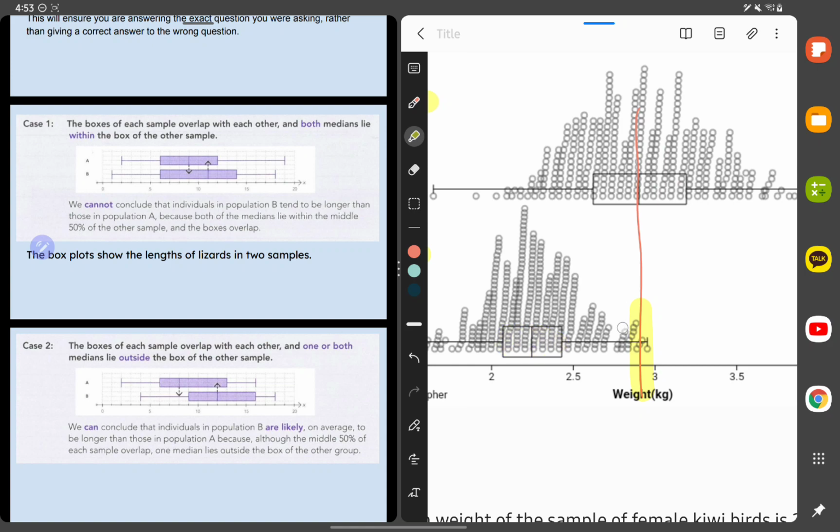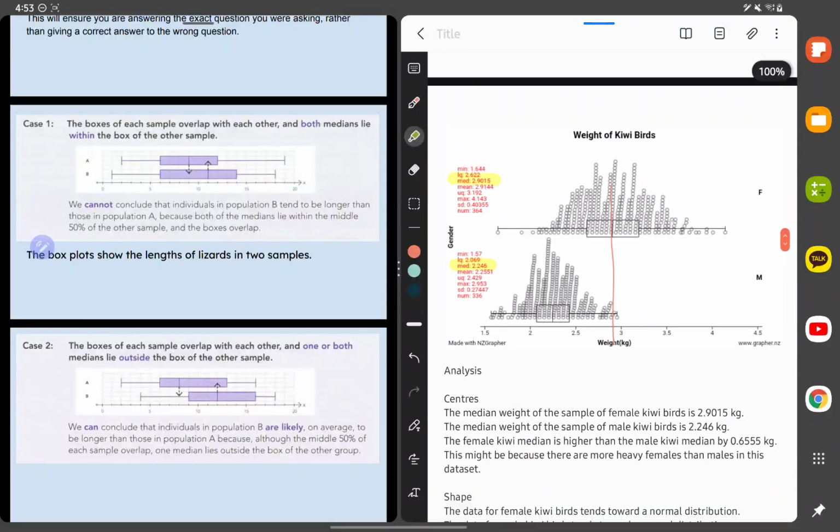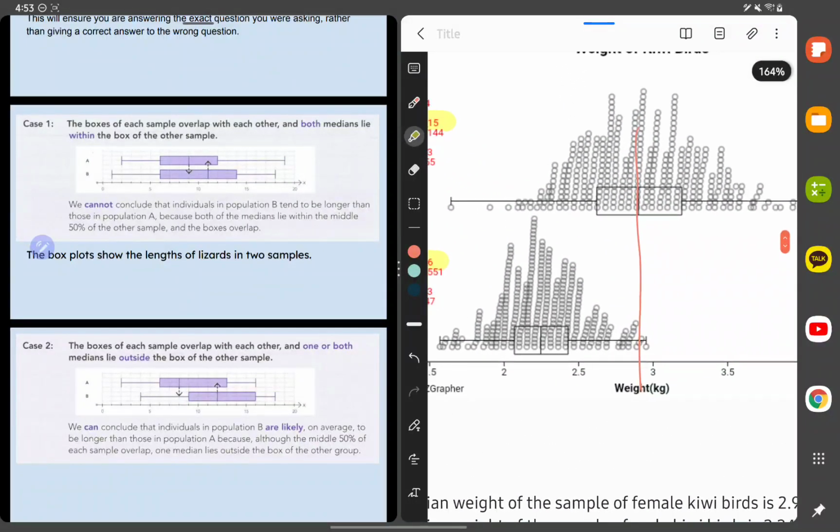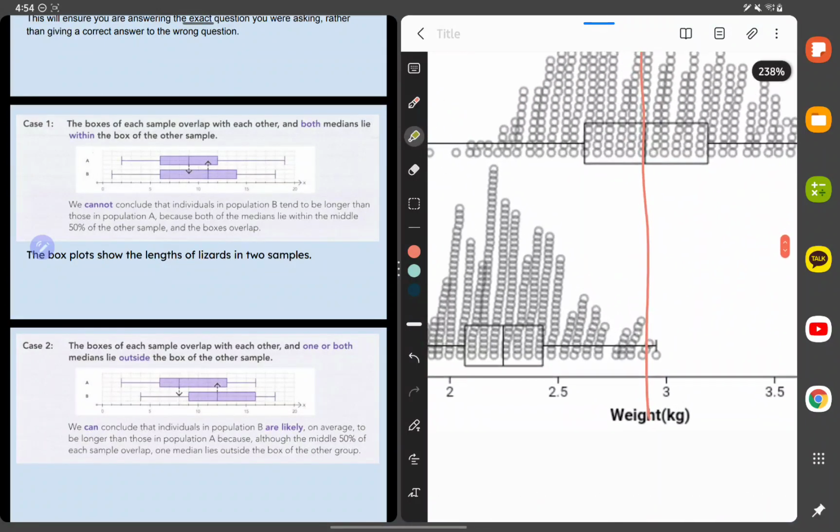So the median for the female kiwi bird sample falls outside of the box of the male kiwi bird sample. Likewise, the median for the male kiwi bird sample falls outside of the box of the female kiwi bird sample.